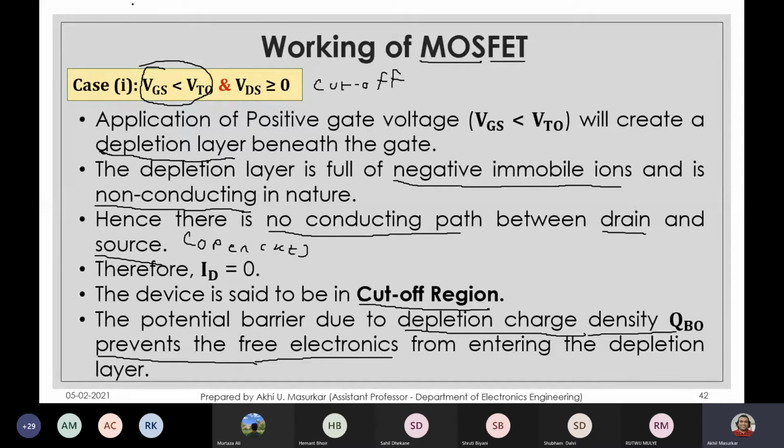Therefore, only a depletion layer can be formed, but the voltage is not enough to form the channel.